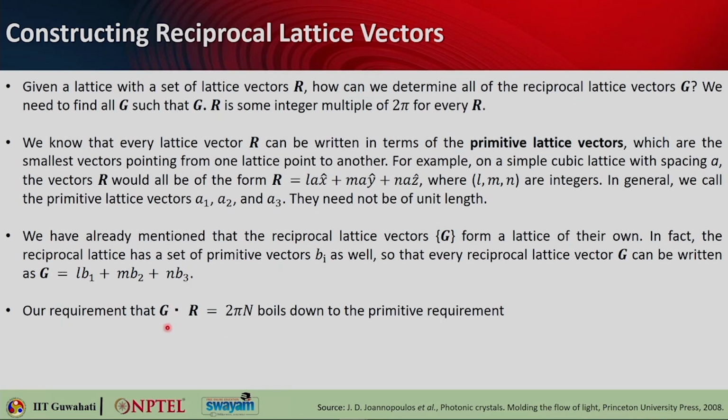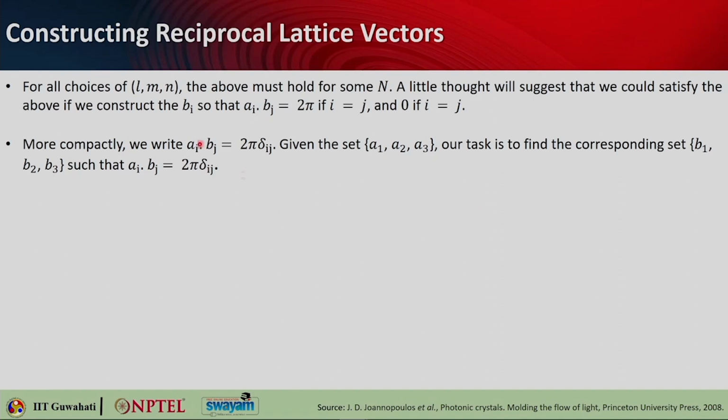Our requirement that G dot R is 2 pi N boils down to the requirement on this particular product. To avoid confusion, you can mark the integers for G as L prime, M prime and N prime, since these integer values are different from the earlier ones, but the product should give you 2 pi N. For all the choices of L, M, N, there should be some value of N that satisfies that equation.